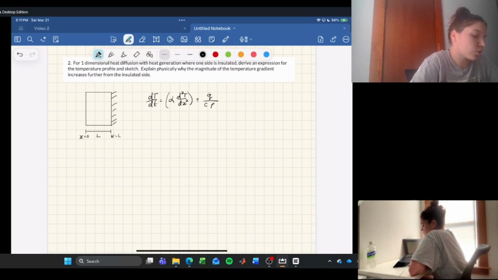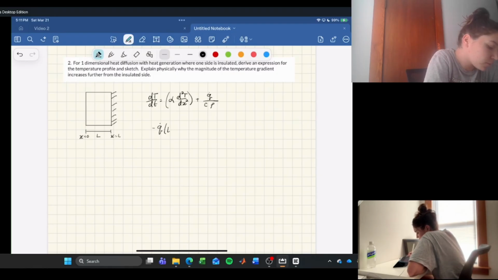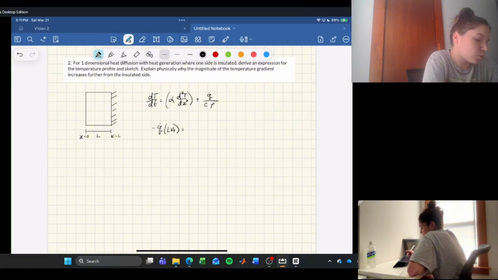And then the total energy generation is going to be equal to what is leaving. So this energy generated is going to be times the volume. So it's going to be the cross-sectional area times the length. It is going to be equal to what's leaving, and that's going to be Fourier's law.